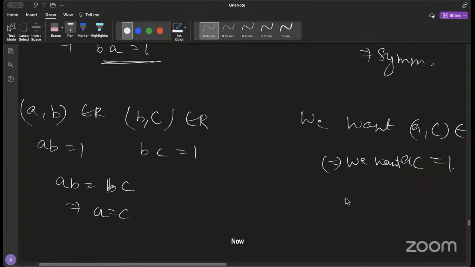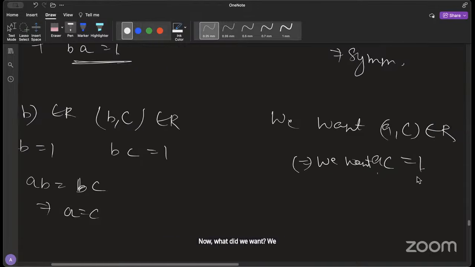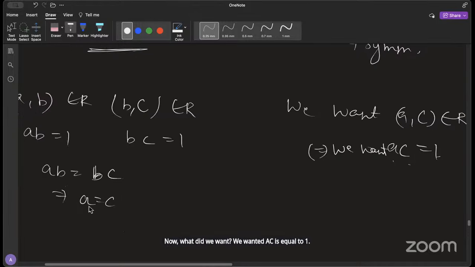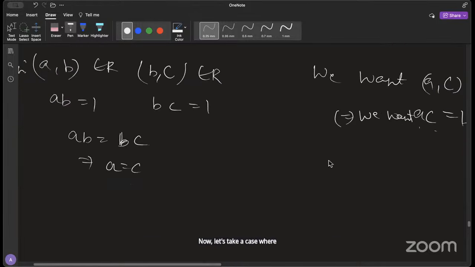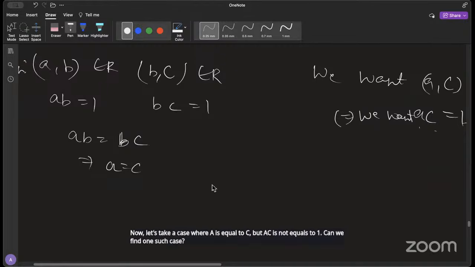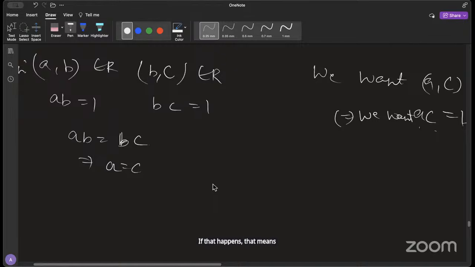Now what did we want? We wanted AC equal to 1. What have we got? A equal to C. Now let's take a case where A equals C but AC is not equal to 1. If we can find one such case, that means the relation is not transitive.